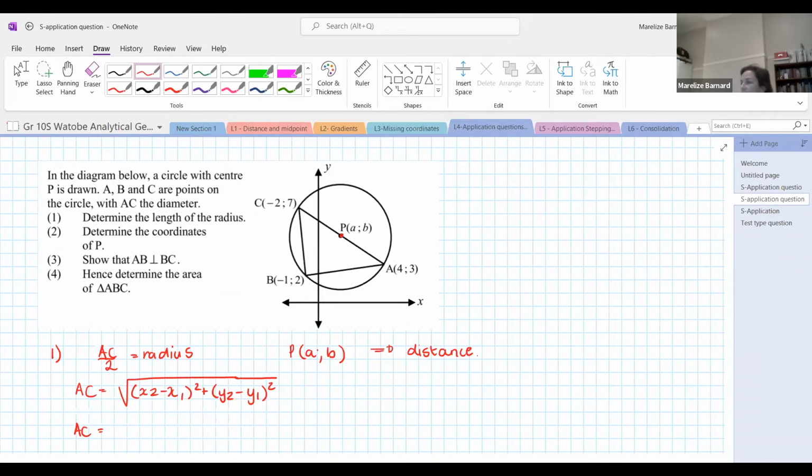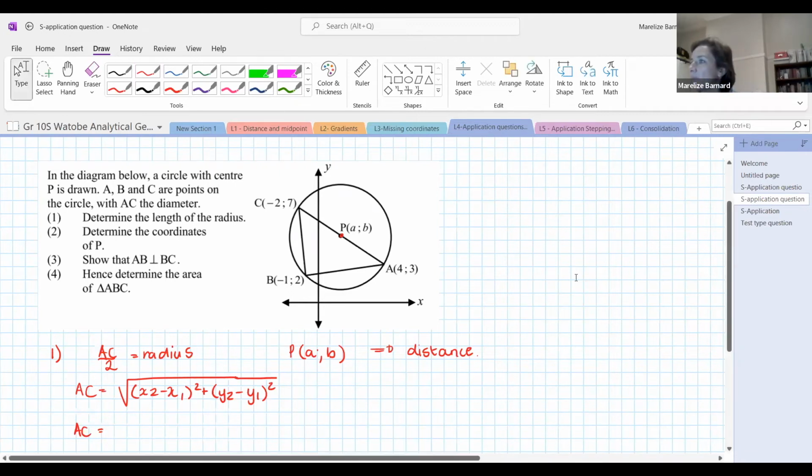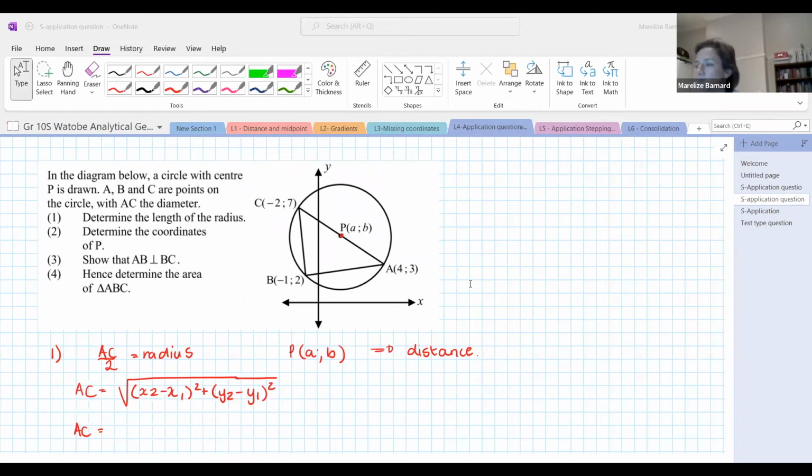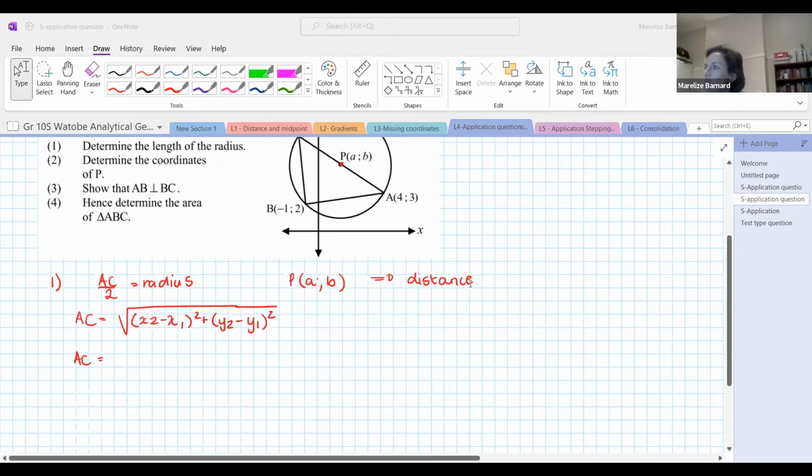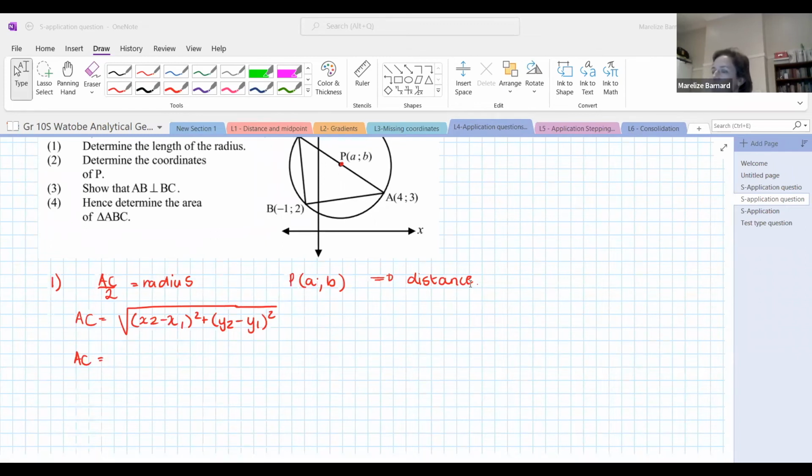Okay, pop your answer in the chat if you have it. What is the length of the radius? Let's get answers going, everyone. What is the length of the radius for this first question?